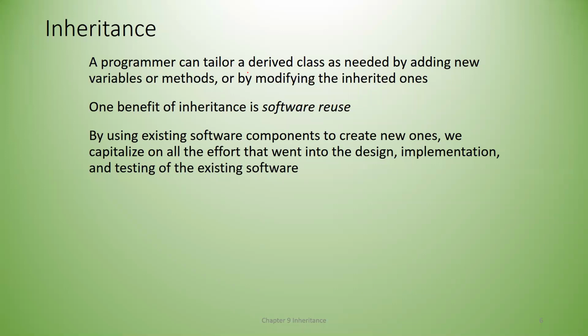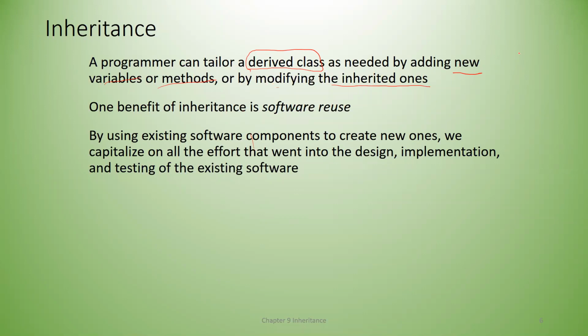So a programmer can tailor a derived class. What is a derived class, everybody? The child class, yes, the child class. In this case, in the previous case, it's the subclass, the car class, as needed by adding new variables or methods, or by modifying the inherited ones, okay?